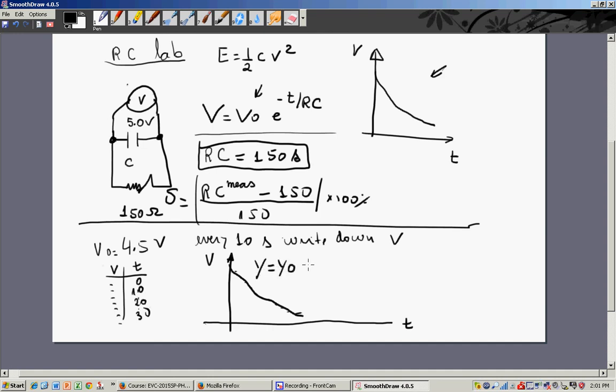What Excel is going to give you is something like this: y is equal to y naught exponential minus a number, and I will make that number up. So this is a made up number, okay?